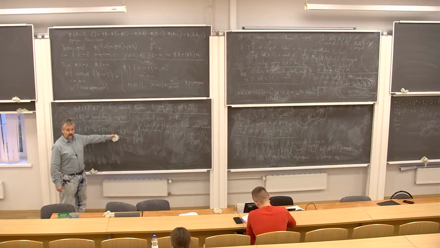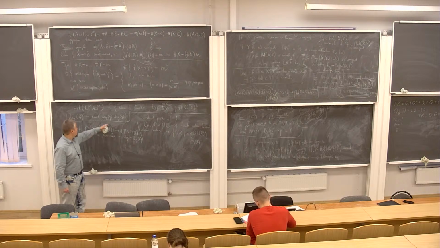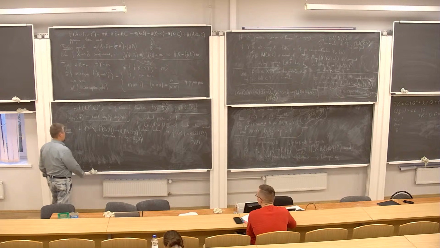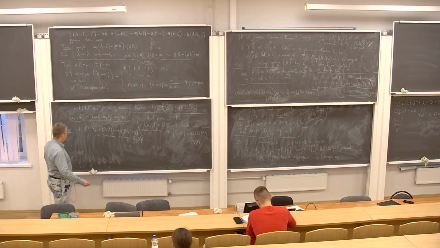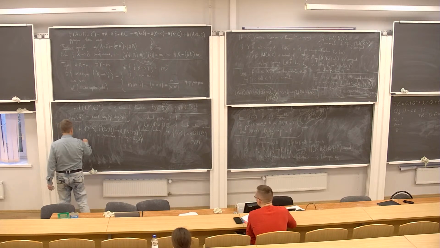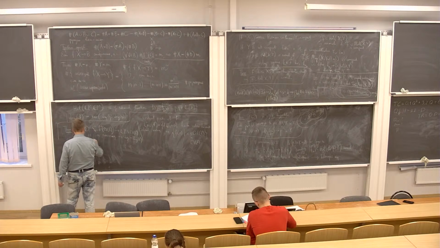And if you count the points in any fiber, you should get the same number. And this number is exactly this. So all this theorem is just the what? It's the inverse function theorem, right?